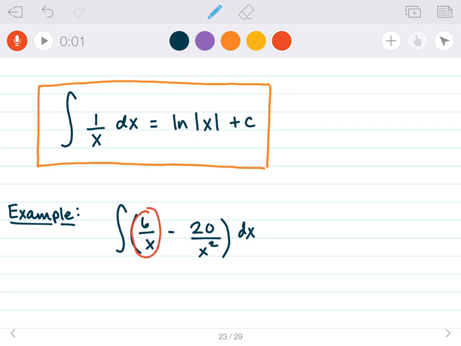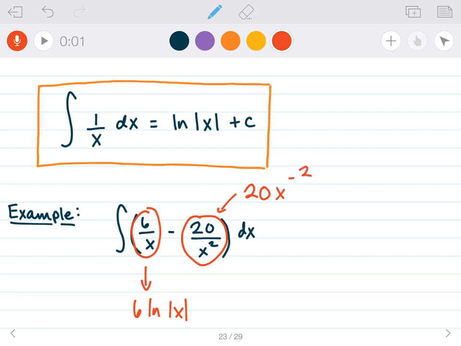If the indefinite integral of 1 over x is ln of absolute value of x, well, this is just going to be 6 ln absolute value of x. This guy, before I give the antiderivative, I'm going to rewrite it as 20 x to the negative 2.